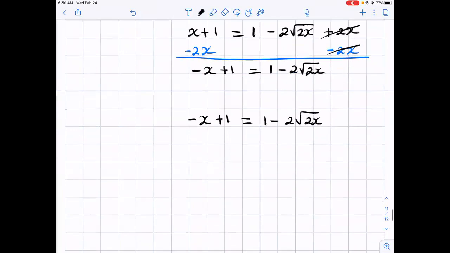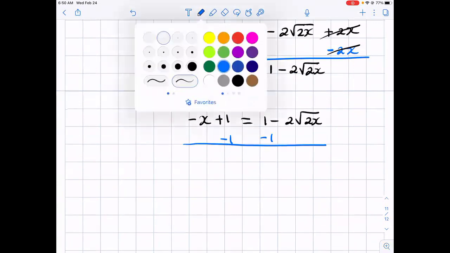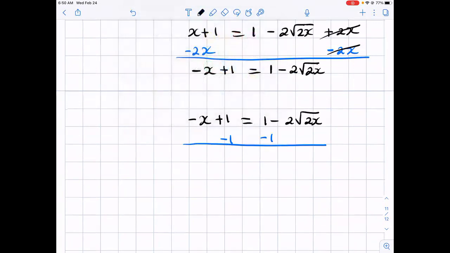Now we're going to subtract 1 on both sides. And when we do this, we have left minus x. The plus 1 and the minus 1 becomes 0. Same thing on the other side, plus 1 and minus 1 becomes 0. So we're left with minus 2 the root of 2x.